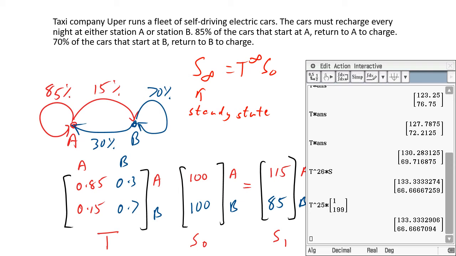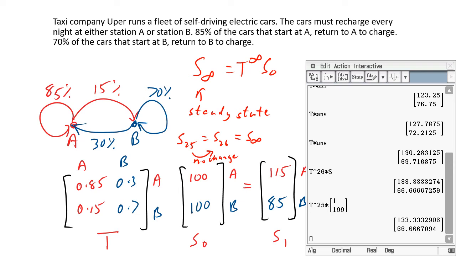All you've got to do is show that if, say, S25 equals S26, and some textbooks will say do 50 and 51, it doesn't matter, then you can say that basically is S infinity. So no change between S25 and S26, then you can say you've actually achieved steady state.